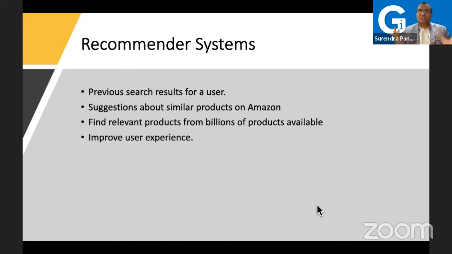As soon as you search for the IBM Lenovo laptop, Amazon also tells you some recommended or relevant products, maybe other Lenovo products, or some other companies' laptops, or the accessories of that laptop. This is the way the recommendation system works.